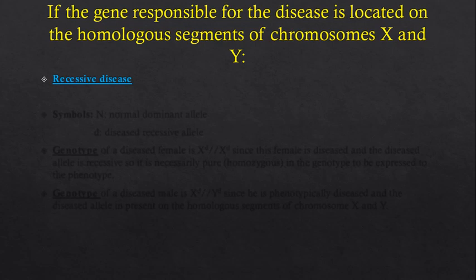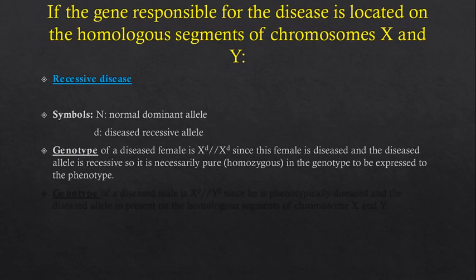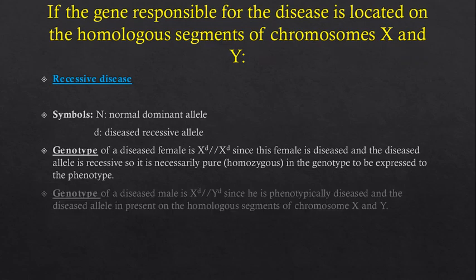With respect to the recessive diseases, in the case where the normal allele is dominant and the recessive one is for the diseased allele, the genotype of the diseased female is going to be XdXd because this female is diseased, the diseased allele is recessive, so it is necessarily homozygous.